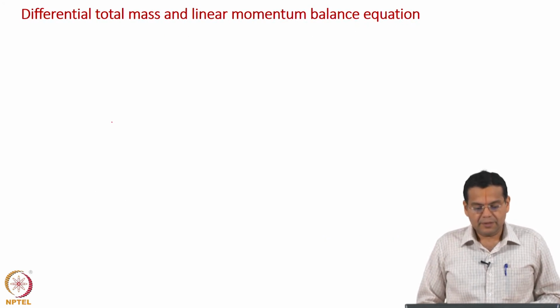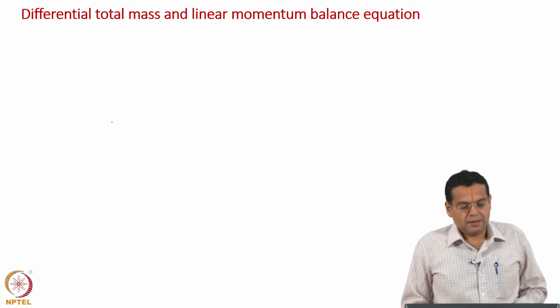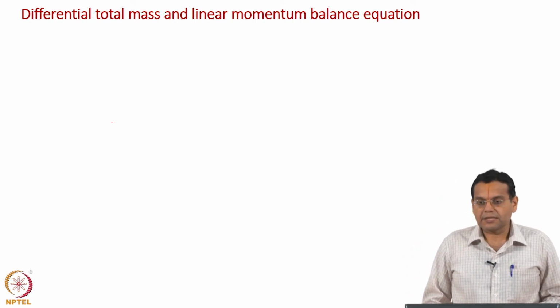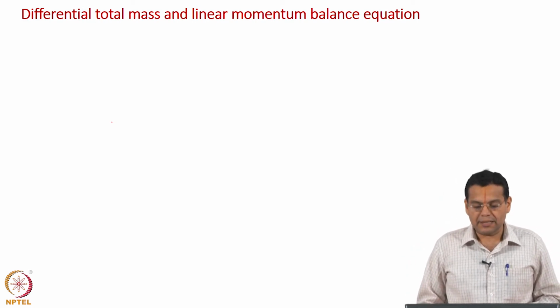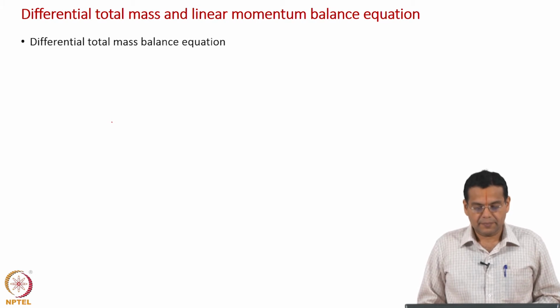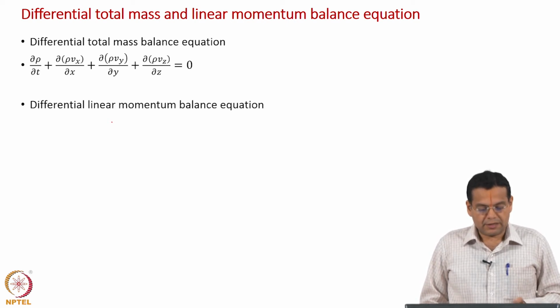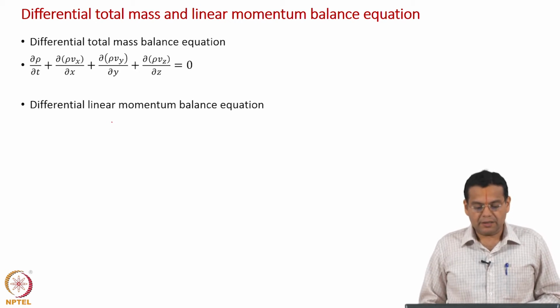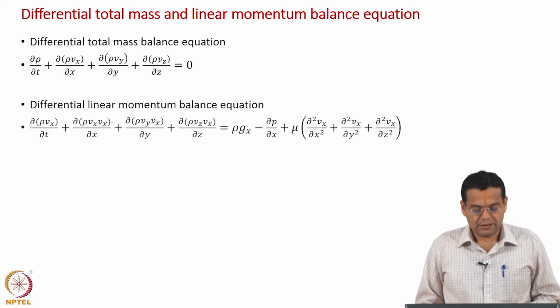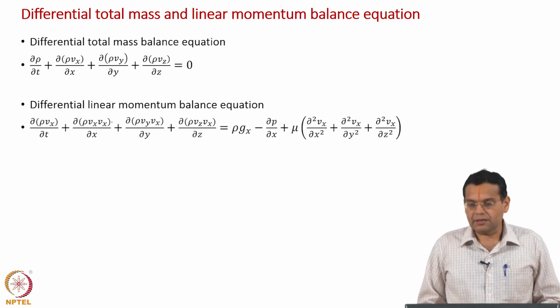And now we can compare the differential total mass balance and the linear momentum balance equation. That is a differential total mass balance equation, and the differential linear momentum balance equation in terms of the Navier-Stokes equation is what I have derived just now.